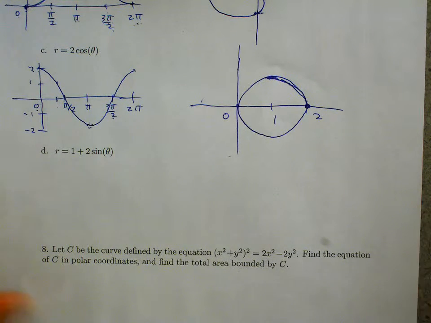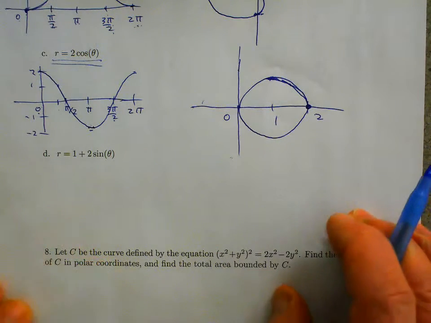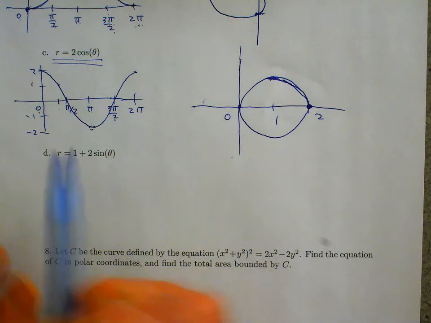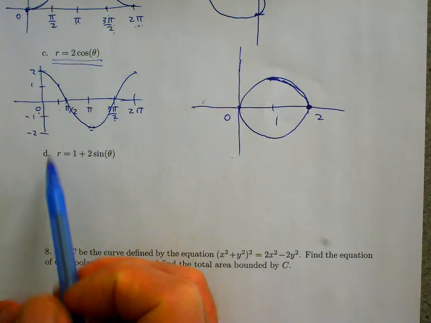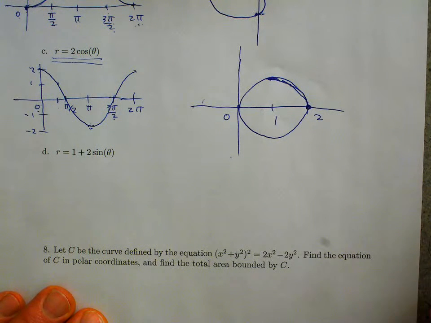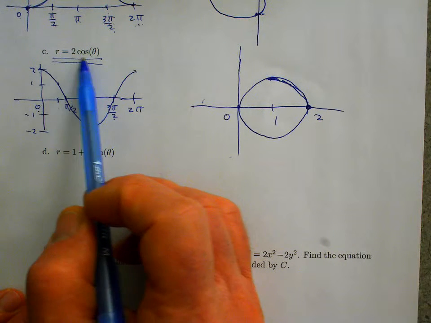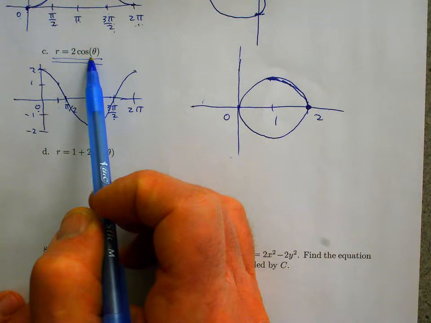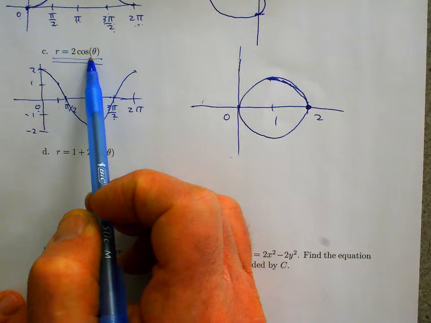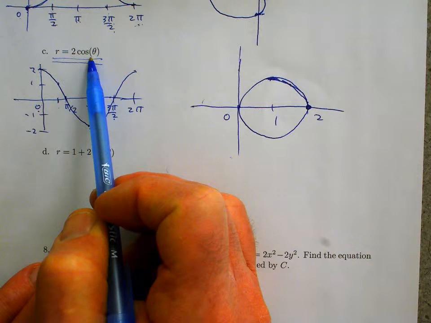Since there's less than a minute, let's convert this to an equation in x and y. How would we start if we want to convert r equals 2 times cosine of theta to an equation in x and y? r squared is x squared plus y squared.